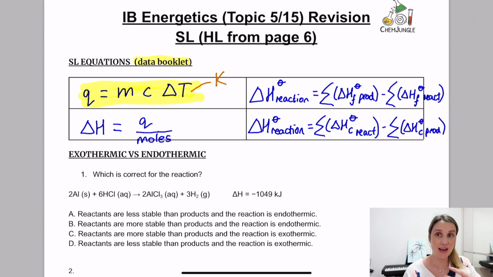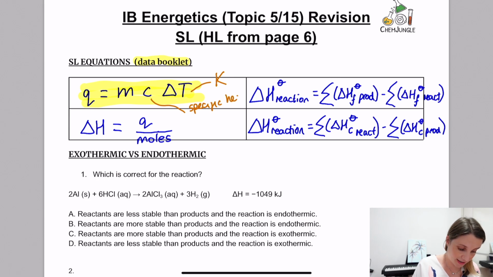Now everything else relates to the thing that you're measuring the temperature change of. So if I'm measuring the temperature change of water, then the c is going to mean the specific heat capacity of the water, and that is your 4.18 joules per gram per Kelvin.